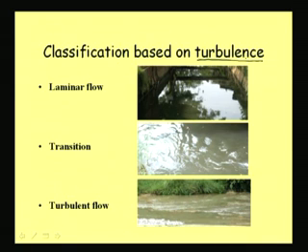You can see here I am showing some pictures taken at different places. Here the flow is moving in this direction, and you can see that the flow is quite smooth. You do not find much undulation here. In this figure the flow is moving in this direction and has some undulation; the surface is becoming a little bit undulated.